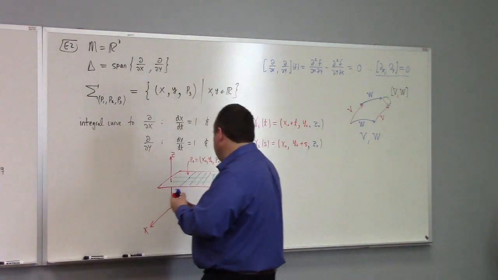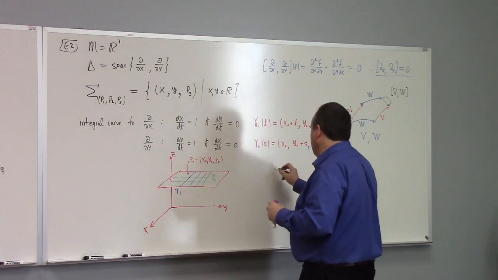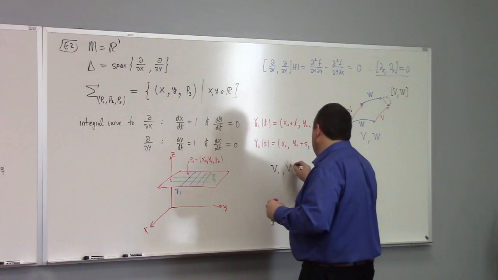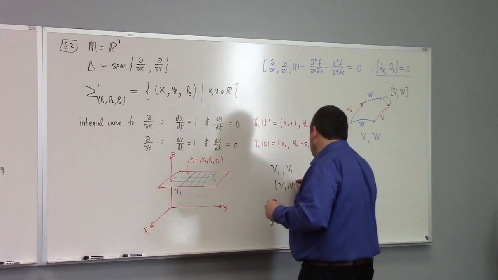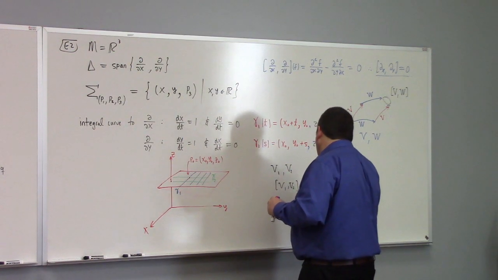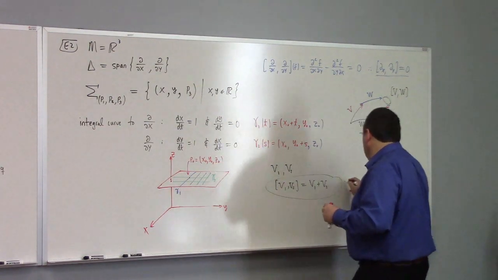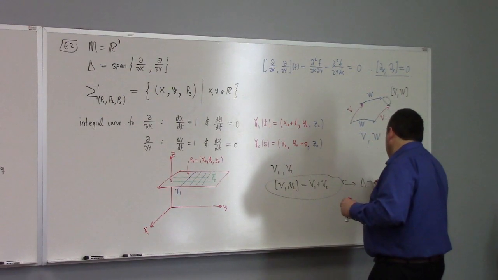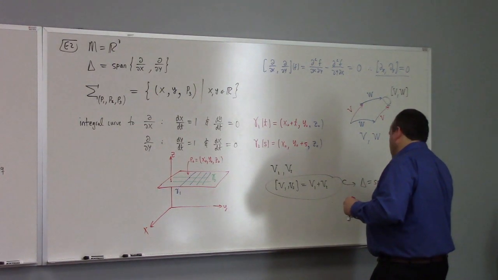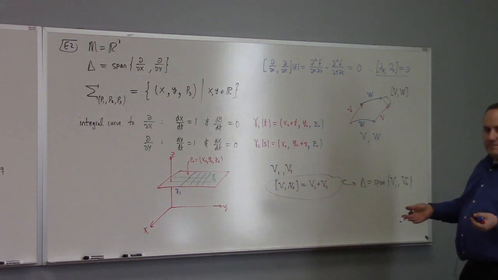Like for example, if I somehow had a vector field V1 and a vector field V2, and the commutator of V1 and V2 was equal to V1 plus V2, this would tell me that this thing is involutive.